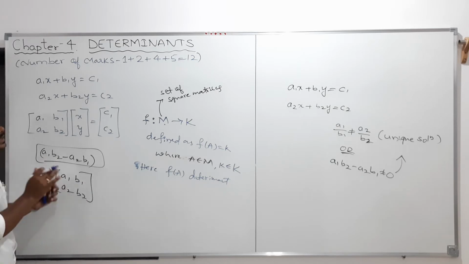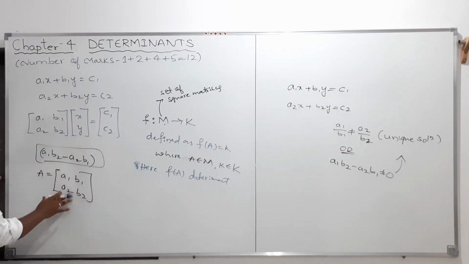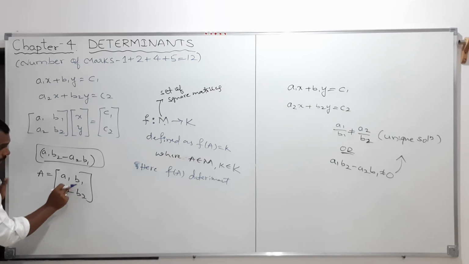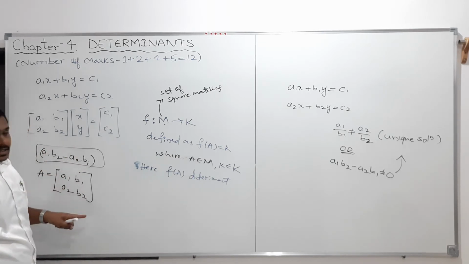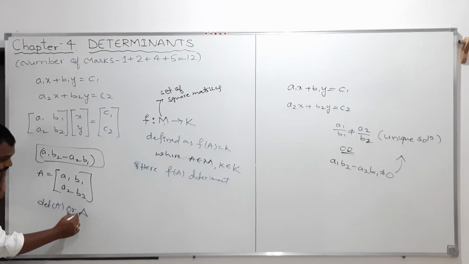Determinant means, my dear students, for any given matrix A, a1 b2 minus a2 b1 is the one number we are getting. That value is the determinant of the given matrix, and we will write it like this. You can denote the determinant of A like this. So these are the notations you can use.